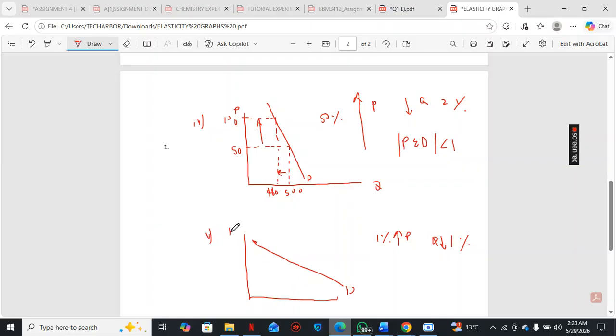All right. The change in price is the same as the change in quantity demanded. Yes. So meaning if price is dropped by 20%, quantity demanded will increase by 20%. Yes. So this is how you draw these graphs. All right. And when demand is unitary elastic, the price elasticity of demand is 1. Okay. Yes.